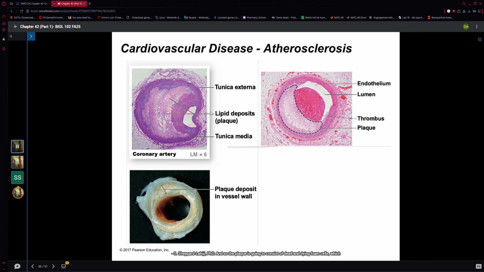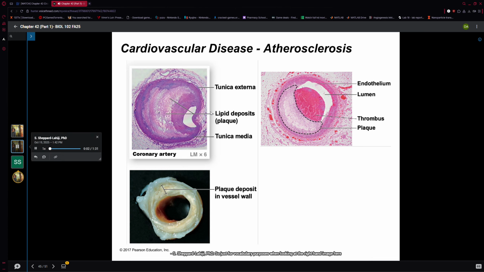And so the plaque is going to consist of dead and dying foam cells, which over time can protrude and begin to invade the vessel lumen. And through having that protrusion into the lumen, we're going to start to decrease the amount of effective blood flow. And depending on where that blood is meant to go, that can have really harmful consequences.